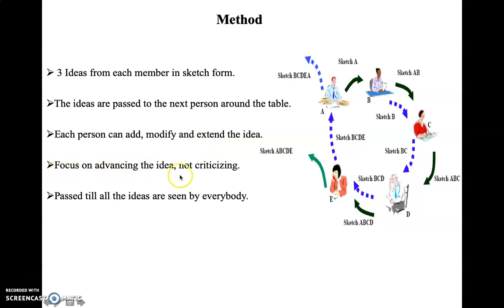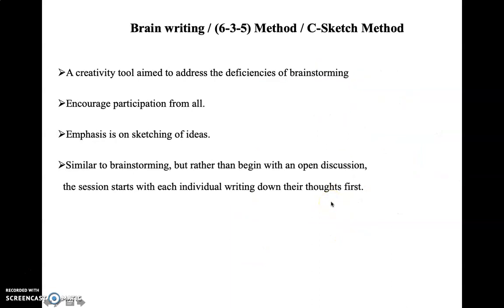Then focus on advising the idea, not criticizing. Means you have to advise or support the idea, and you should not criticize or find negativity in the idea generated by your colleagues or team members. Pass until all the ideas have been seen by everybody. This process should be applied to every idea, as you can see in the picture as well. So this will complete your 635 method, or C-sketch and brainwriting method.